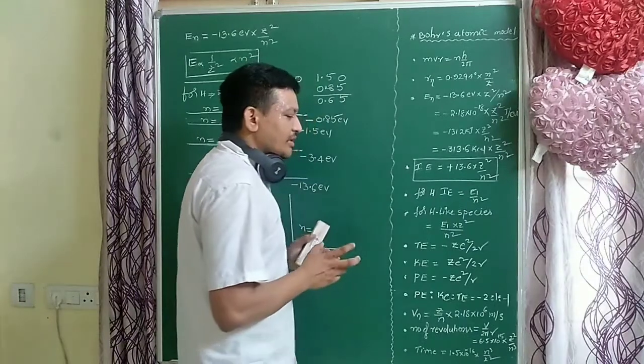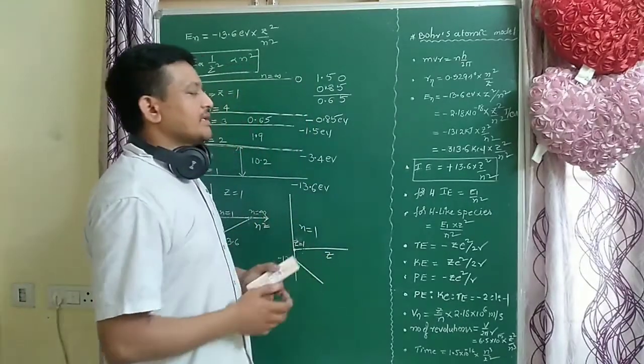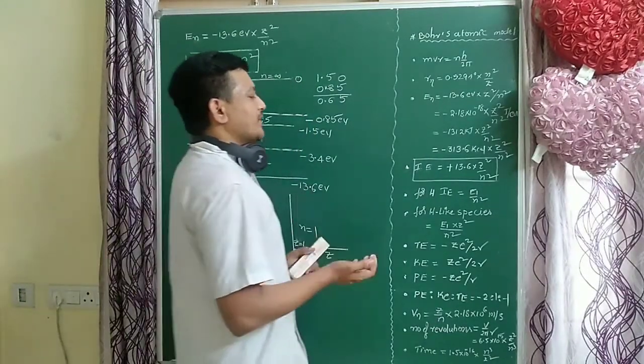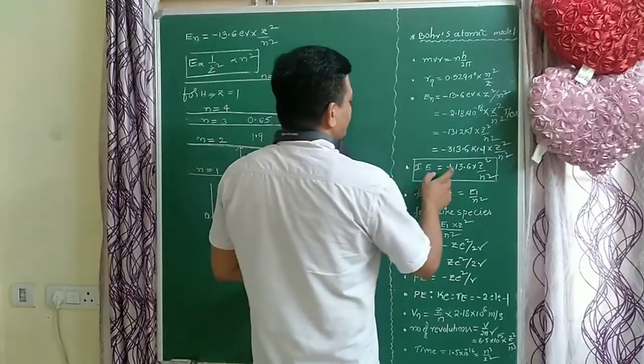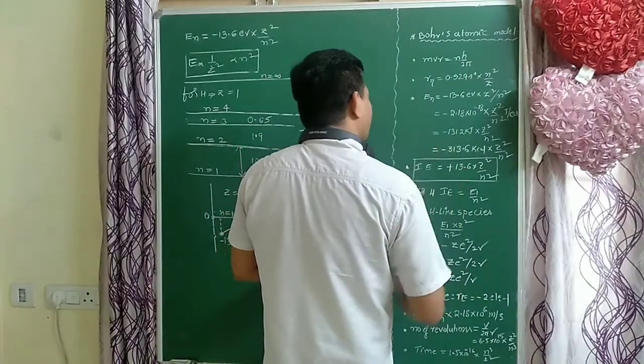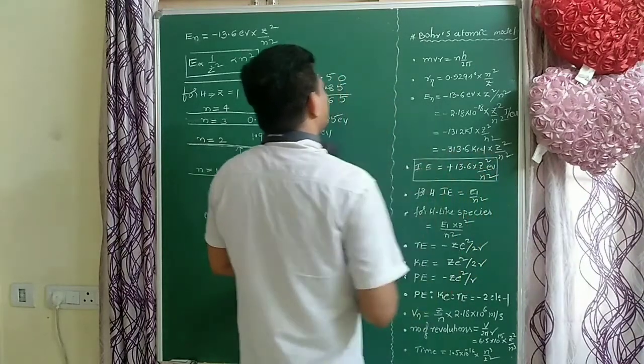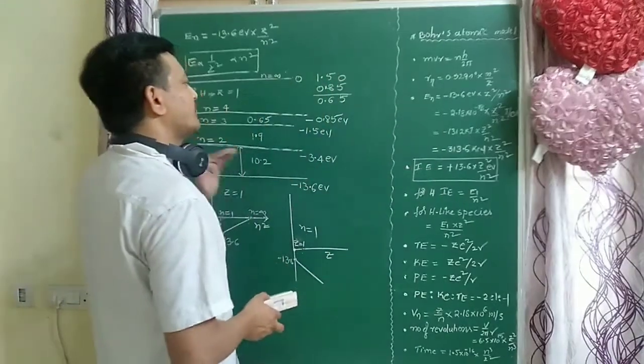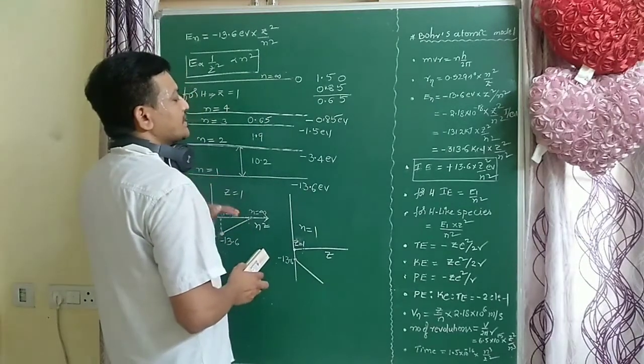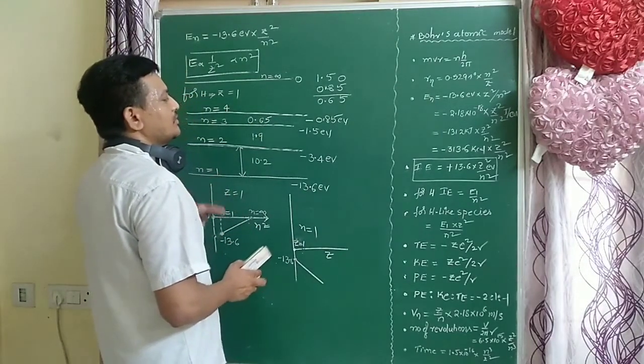Ionization energy is nothing but the required energy, equal to plus 13.6 electron volts into Z square by n square.